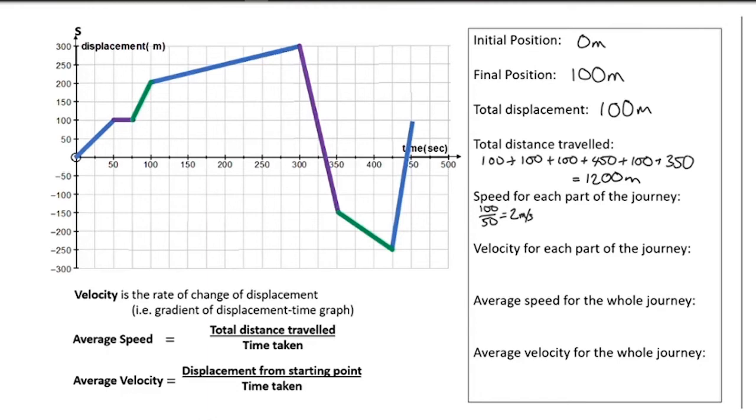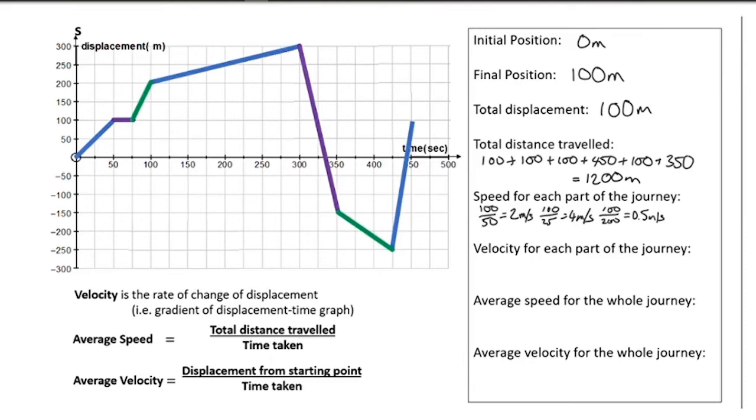In the green part of the journey here, it was also 100 meters, but it only took 25 seconds. So the speed is larger, it was faster, it was 4 meters per second. This blue section, we can tell from the gradient of the line that the speed is going to be lower. It took 200 seconds. The speed is 0.5 meters per second.